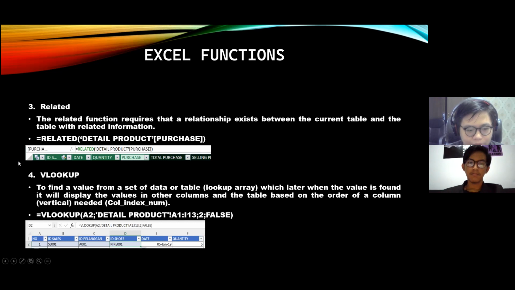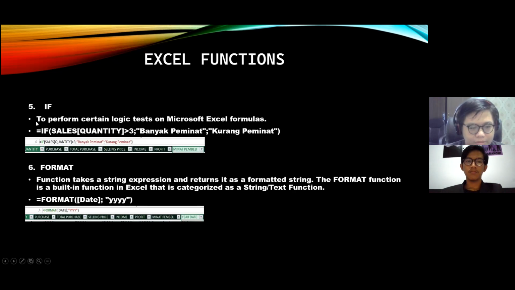And number 4, VLOOKUP. To find a value from a set of data or table lookup array, which later when the value is found, it will display the values in other columns of the table based on the order of a column vertical needed. This is the formula for VLOOKUP. The fifth one is IF.